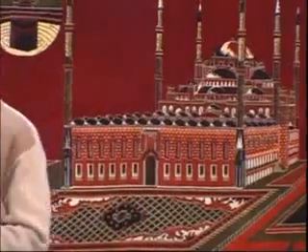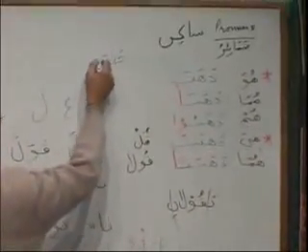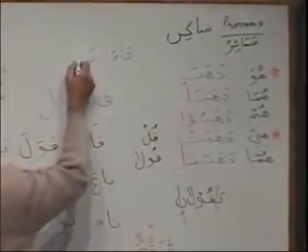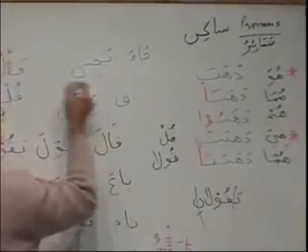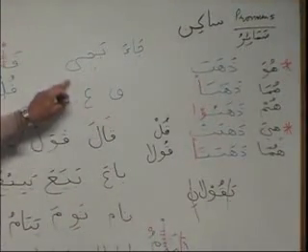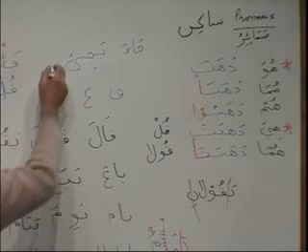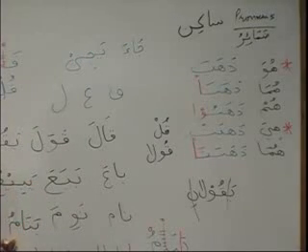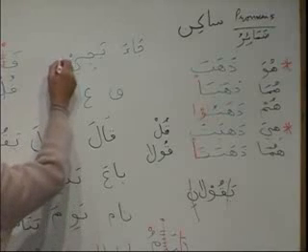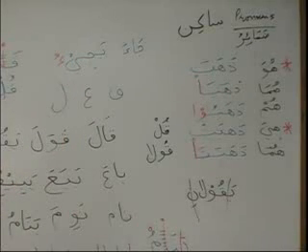Hamza has a spelling rule. So if I say ja'a, brothers and sisters, yaji'u. Remember, it is ja'a, yaji'u. Then the hamza will be written outside the ya, because you are pronouncing everything in the verb.